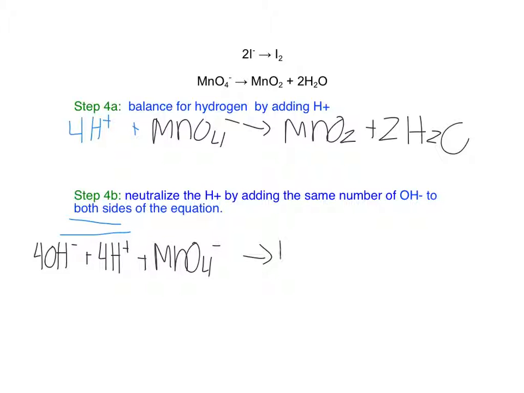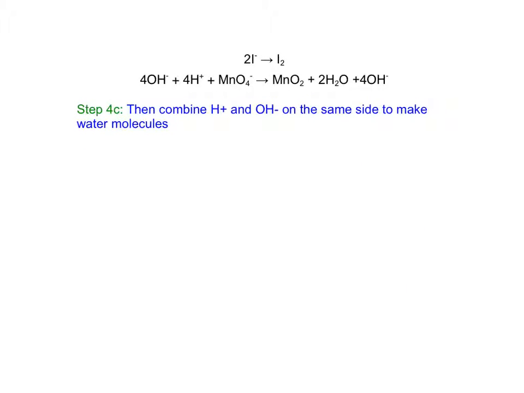All right, so MnO2 and 2 waters, and again, 4 hydroxides. Now, they don't cancel because before they get a chance to cancel, voila, we're going to combine an OH and an H plus because we know that those are going to make water. So 1 OH and 1 H plus will make 1 water. So overall, I have 4 waters.